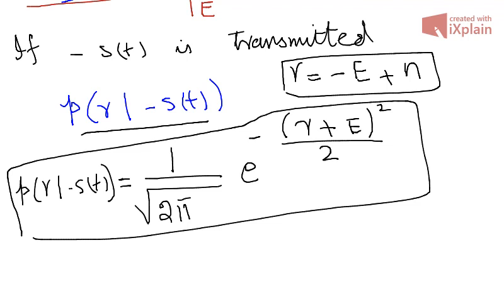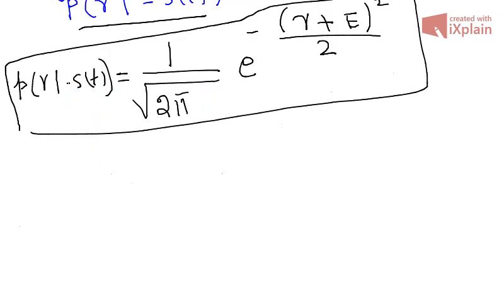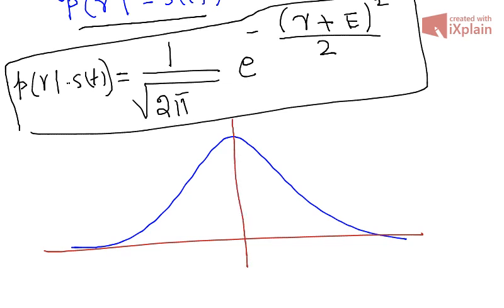So you can draw this PDF. It would again appear as a Gaussian curve, and this time the mean is shifted. This one in the expression appears as the mean value.